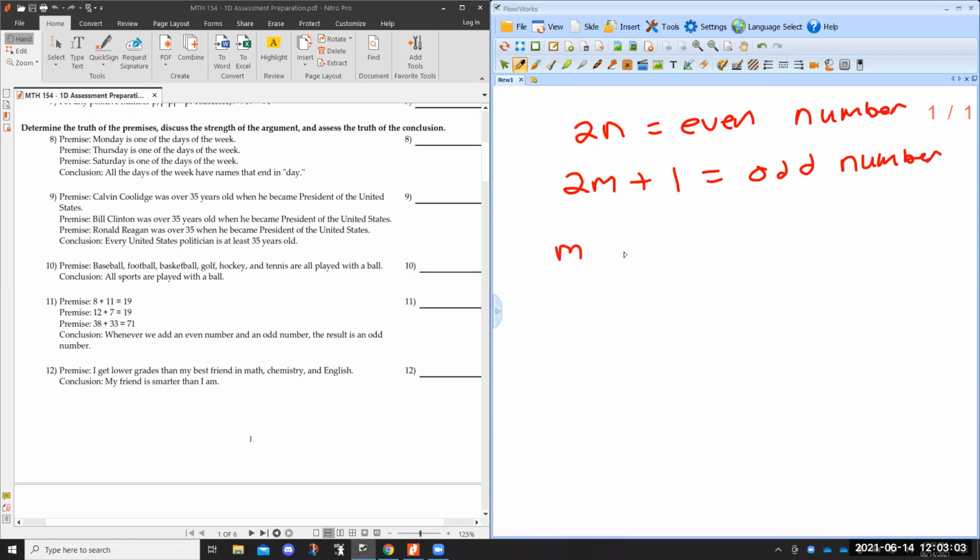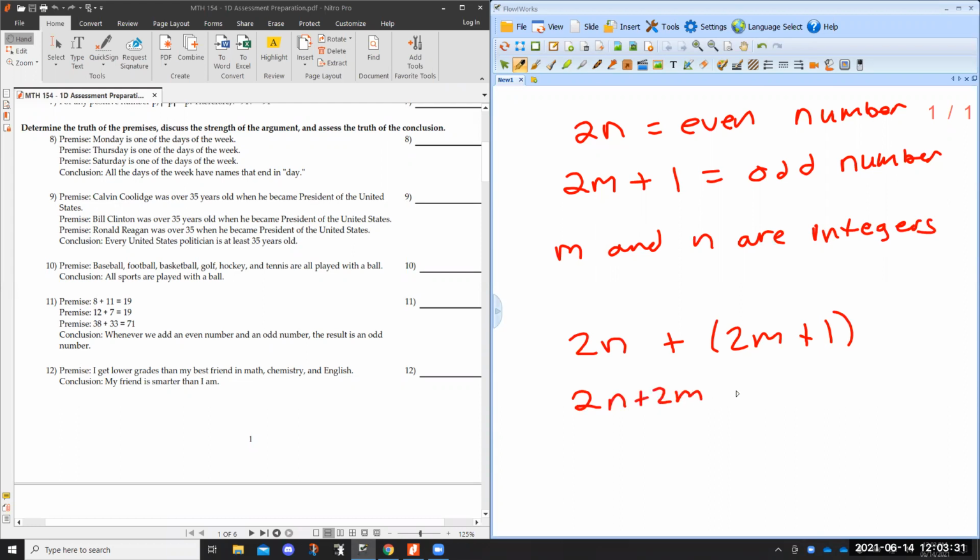And m and n are integers. Okay, so if I want to generally prove what an even plus an odd is, let's take 2n plus 2m plus 1, and that's going to be 2n plus 2m plus 1.